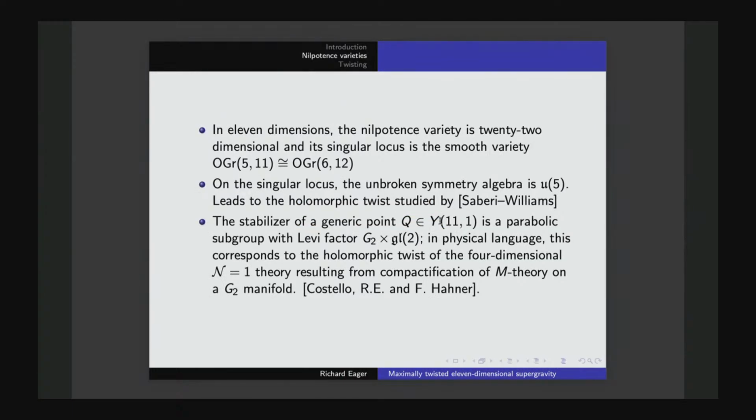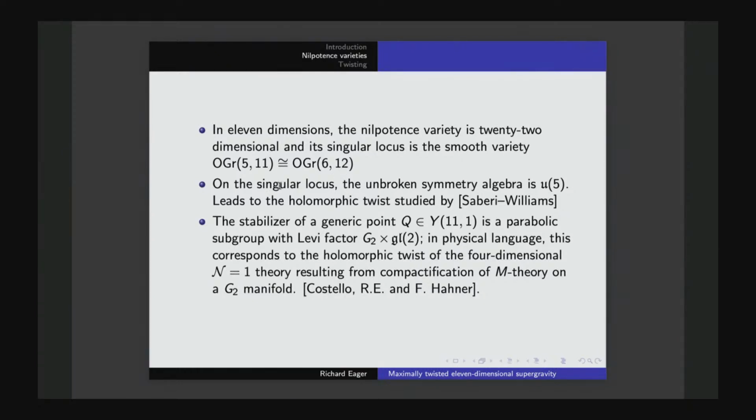So some further examples that are going to be relevant for the later part of the talk: in 11 dimensions, the nilpotence variety is 22-dimensional, and its singular locus is the smooth variety, the orthogonal Grassmannian OG(5,11), which is the same as the orthogonal Grassmannian OG(6,12).